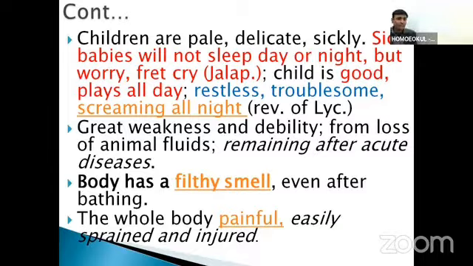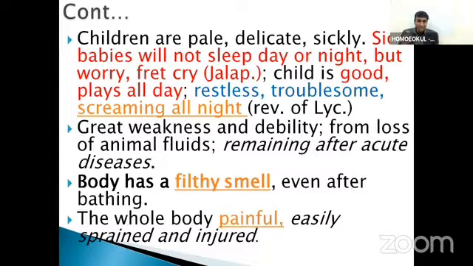Also keep in mind medicine Rheum. Very important medicine is Rheum. Very important medicine is Lac can. Next important medicine is Nux Vomica. Okay.